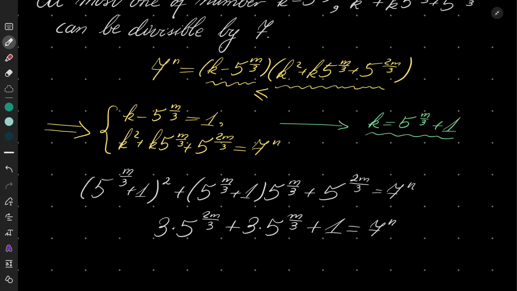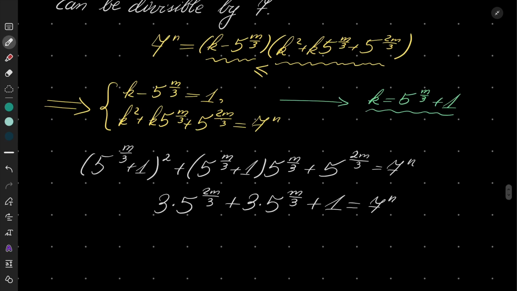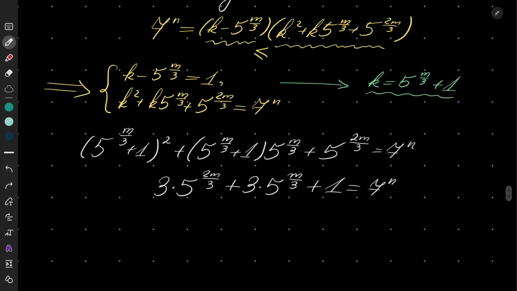And notice that we have already eliminated one variable. Because we started with an equation with 3 variables, here we have only 2. And we are almost at the end. It's time for reduction modulo 5. Because notice that this and this are divisible by 5 in every case except one. Namely, when m equals 0, we need to check what's happening manually.